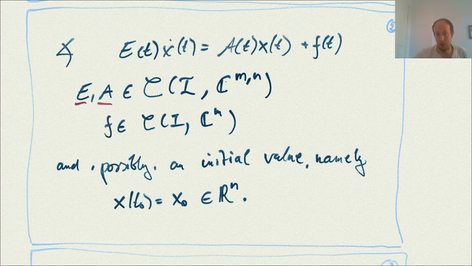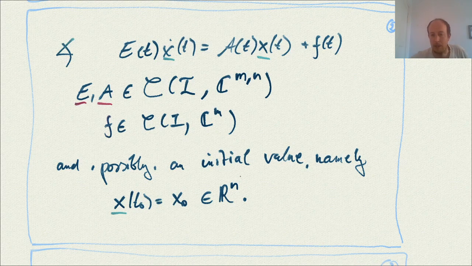Okay, and we will talk about solutions here. So here this x will be the solution that we talk about, and really just the same definition applies there. A solution should be differentiable, and it should fulfill this differential algebraic equation.